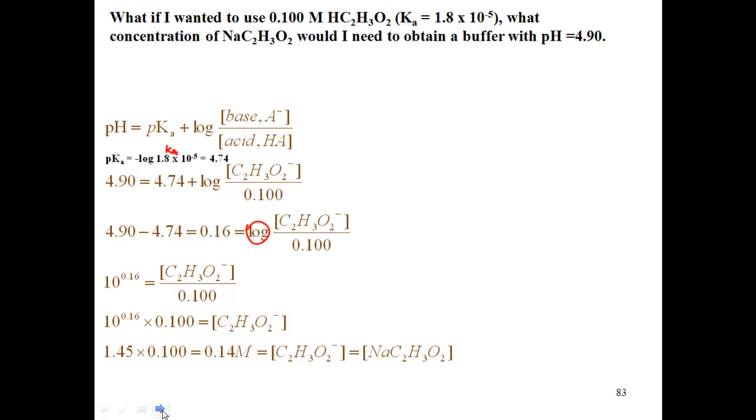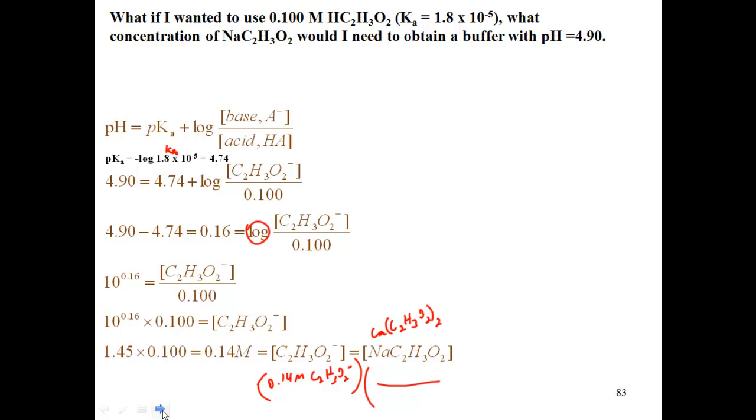Now, one thing to keep in mind is that it's a mole-to-mole ratio. We need 0.14 molarity of the acetate ions. What would happen if I wasn't using sodium acetate, but instead was using calcium acetate as my salt? What would change? Well, you have to account for your moles.